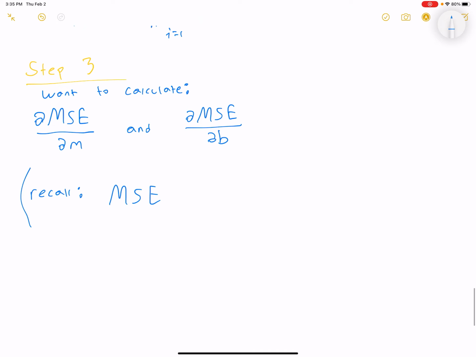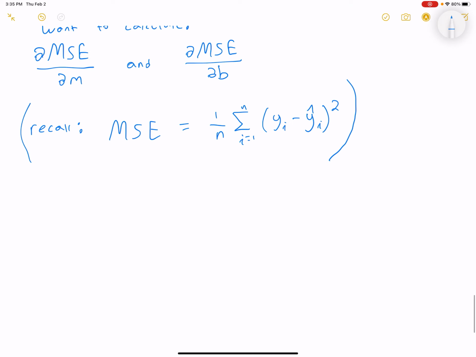It's exactly what we would expect it to be. It's the mean of the squared error. So y sub i minus y hat sub i, squared. That closing parenthesis is because we're closing out the parenthetical statement.